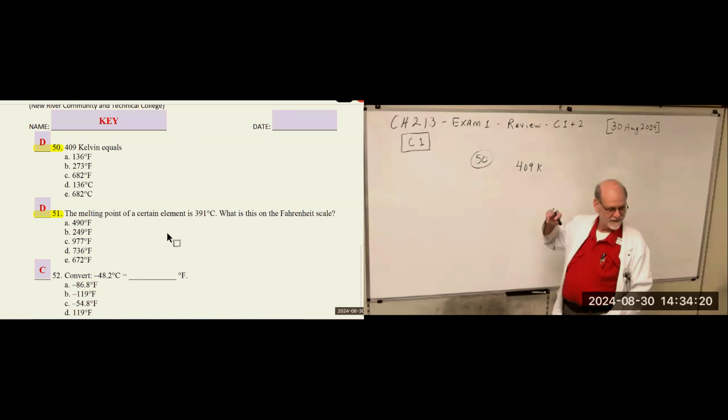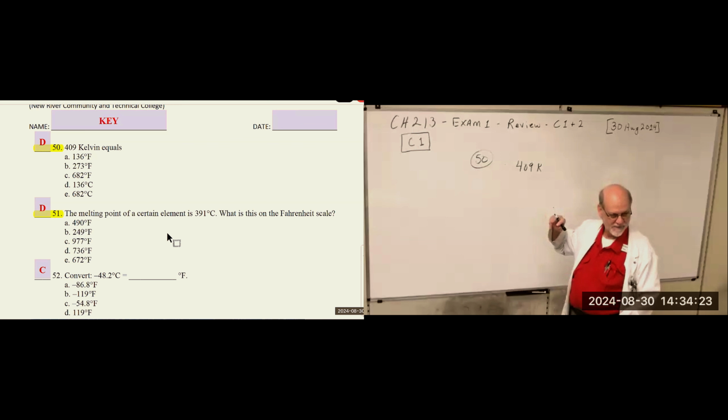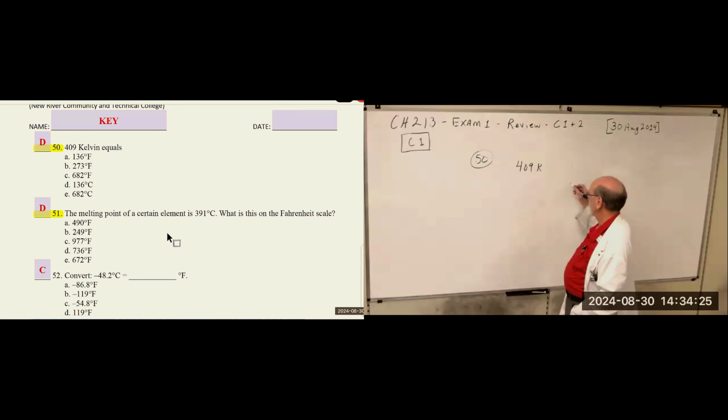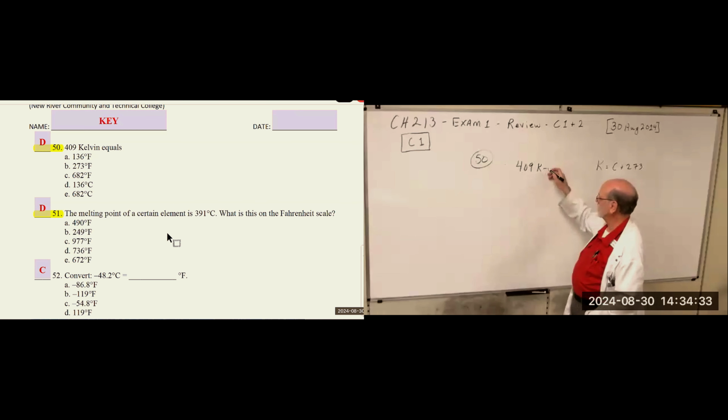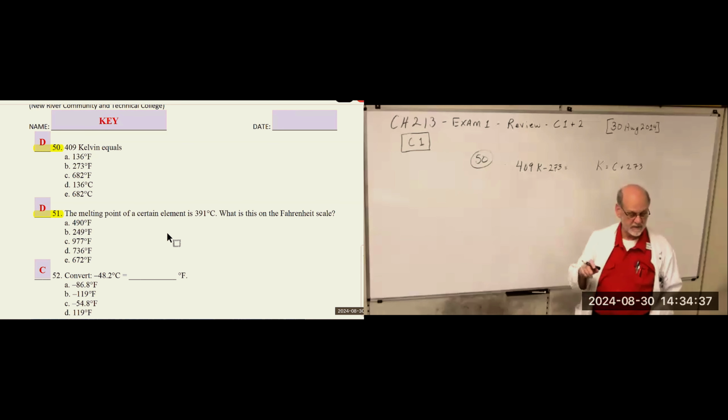Gonna cancel out Kelvin, so Kelvin to Celsius. Remember, K equals C plus 273. So C would be K minus 273, wouldn't it? And we can do that because the size of their degree mark is exactly the same.